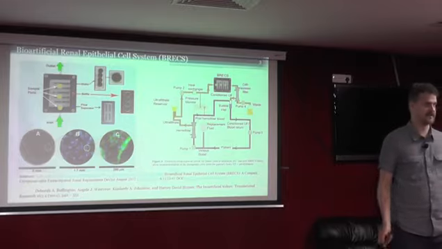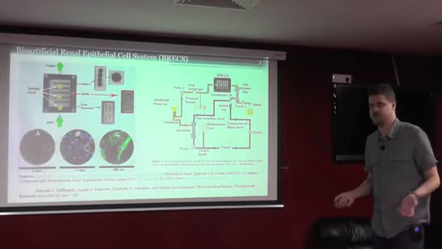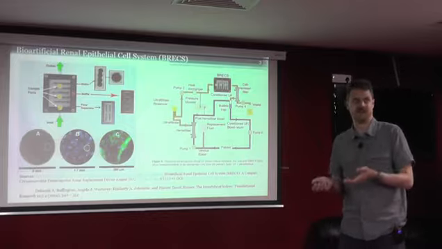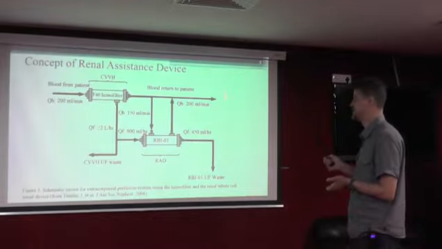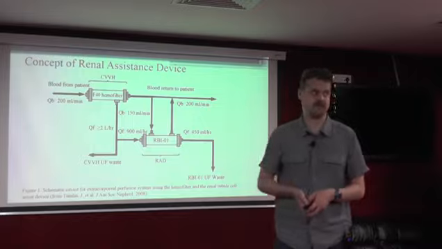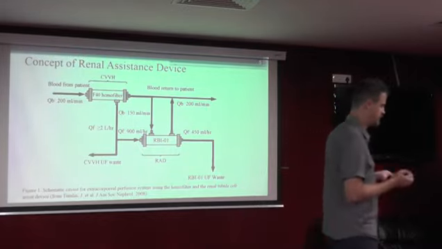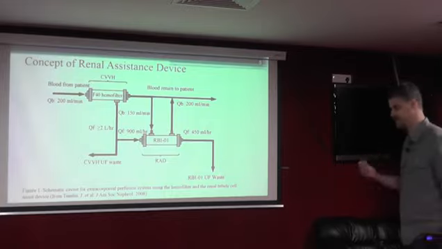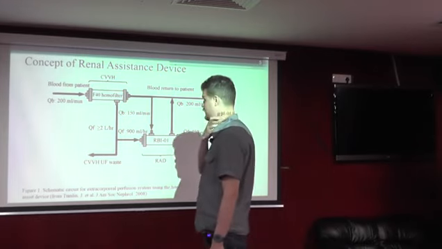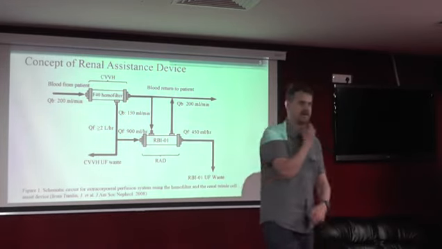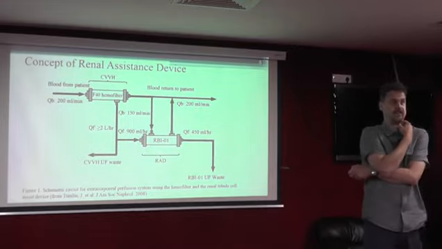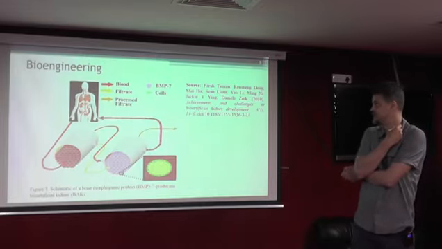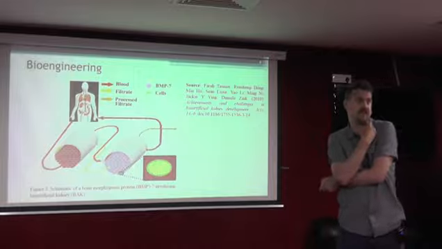So, considering the historical perspective of this problem when we talk about the implantable artificial kidney, and considering the success of the system that was the renal assist device, it's logical to suggest that the first idea that goes into developers' heads about what particular implementation they can have is an attempt to recreate the renal assist device in terms of an implantable artificial kidney system. And this basically was the next stage of this idea.